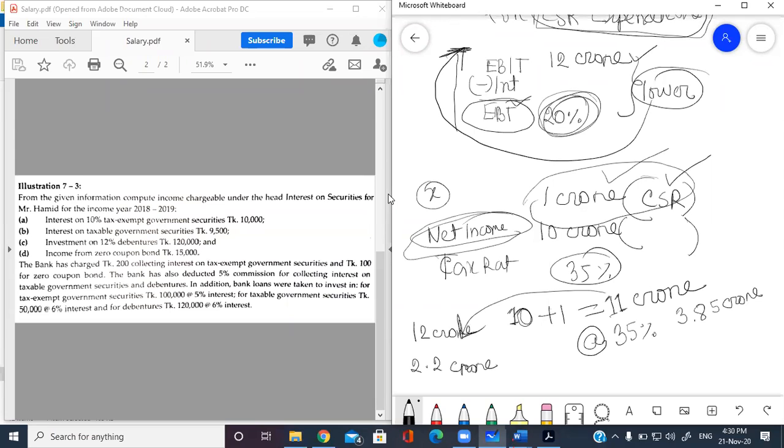12 crore. I already have written here, right? Okay. Between 12 crore and 2.2 crore, which one is lower? 2.2 crore is lower.